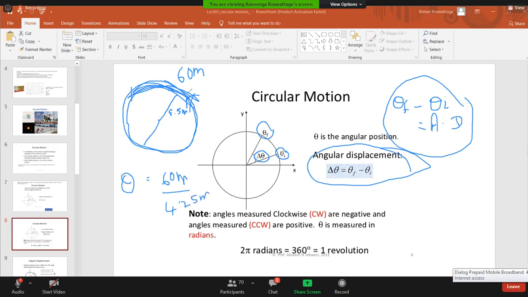Only the particular person runs this particular 60 meters, right? Then you can find this angular displacement, which is 60 divided by 4.25.